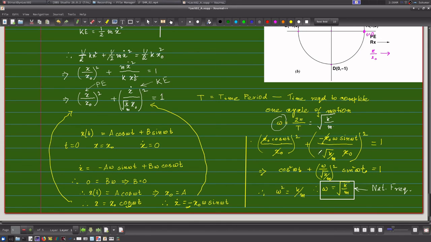All right, and from here we can also find what is t. What will be t from here? Natural time period. I called it time period, but we have seen that it is again a natural property of the system. So natural time period is given by twice pi by this, so I will get twice pi into root over m by k.